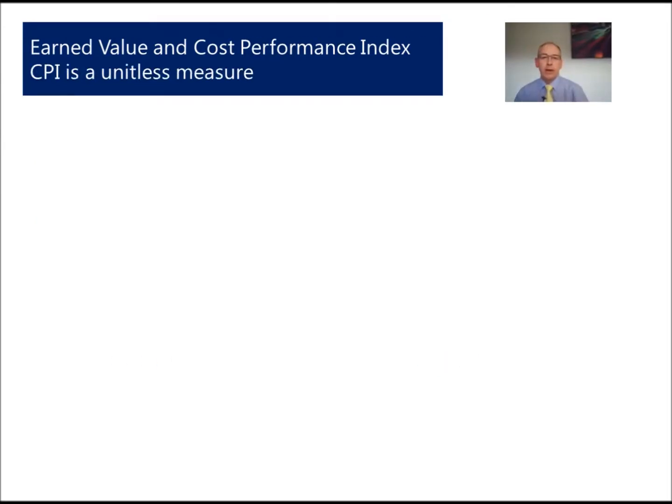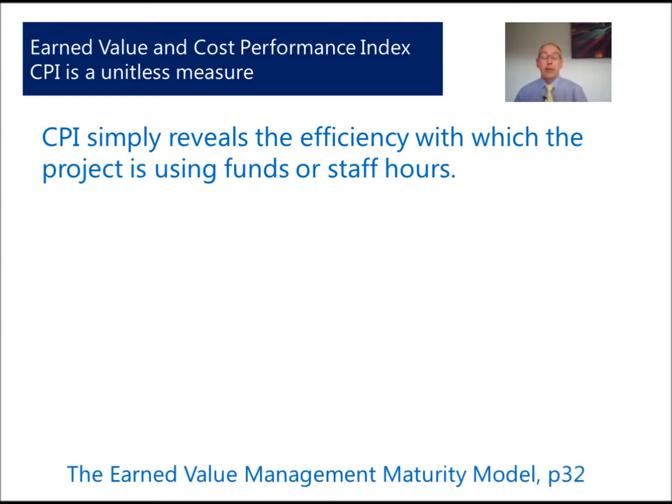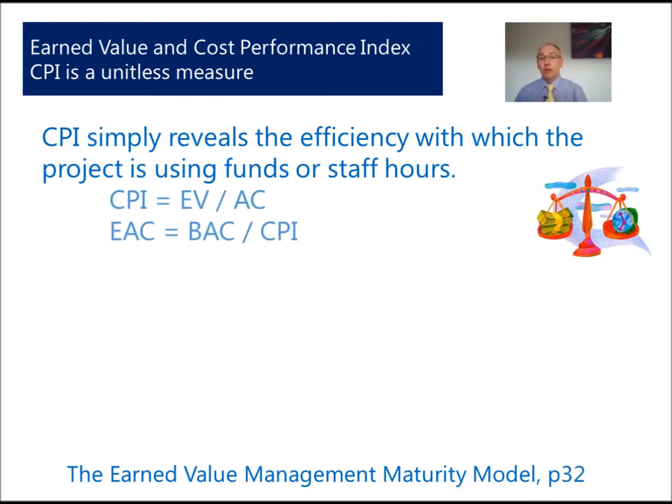Now the CPI is a metric and it gives us the efficiency with which we are using project funds or staff hours. So in the Earned Value Management Maturity Model book, what Ray Stratton identifies is that these are metrics. The CPI equals the earned value divided by the actual cost.